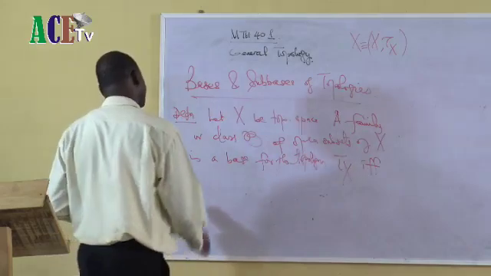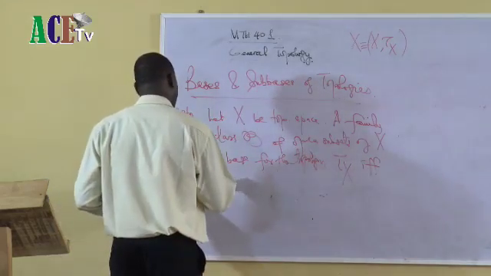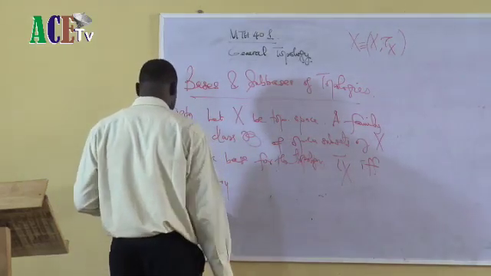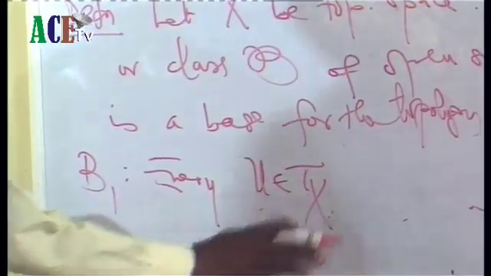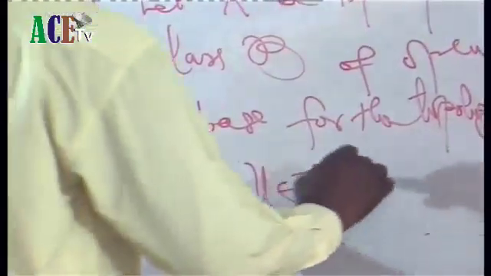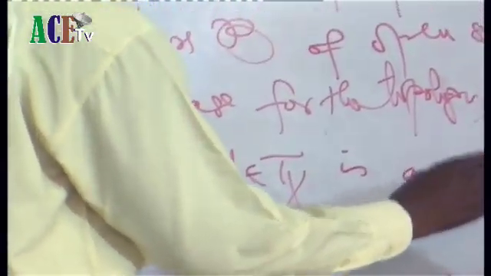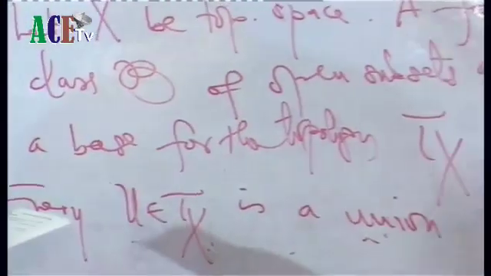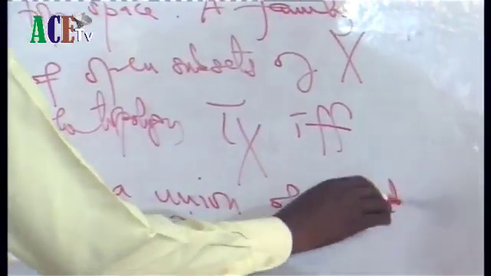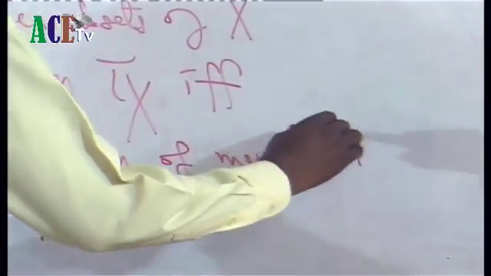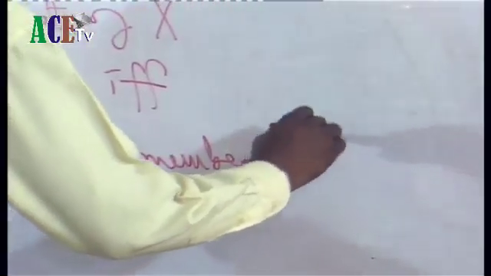Number one, every open set in X is a union of members. Let me call these members capital B, which belongs to the base in the family.